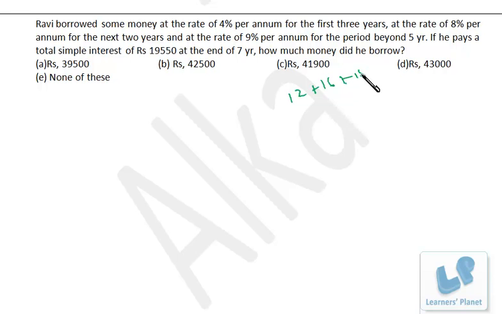So it's 18. So 18 plus 12, 30, and 46% he has paid, right? That means as a simple interest, he has paid 46% of the principal. I assume the principal to be X. So 0.46 of X is our amount, that is 19550, right?